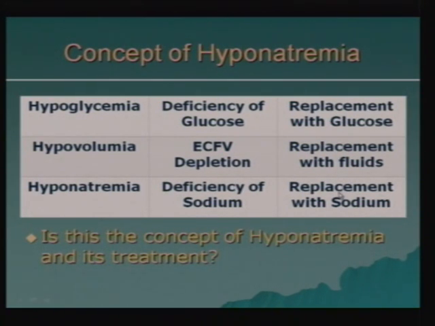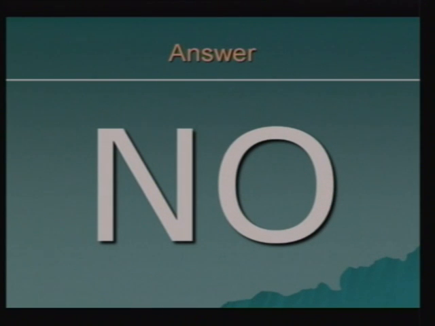Is this answer correct or not? This is the concept of hyponatremia and this is its treatment. Think in your mind, and the answer is a big no. It is not like that. Hyponatremia is not necessarily a deficiency of sodium; that may or may not be there.